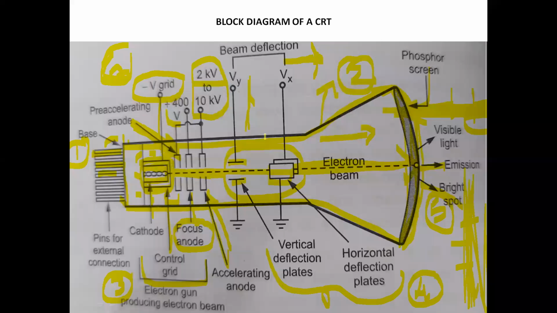Here is a pair of horizontal and vertical deflection plates, connected to potentials. Depending on the polarities, the electron beam will be deflected upwards or downwards, or to the left or right. After that, the electron beam hits the screen and the image is displayed on the screen. So this is about the function of the CRT.